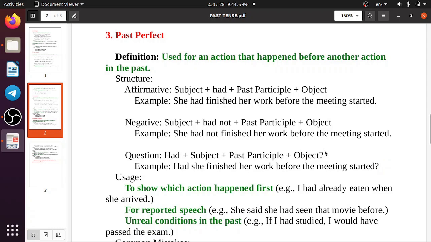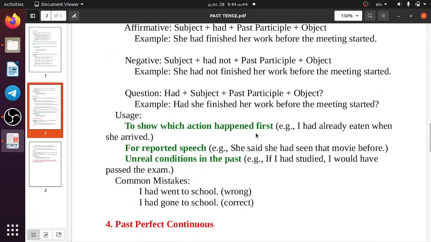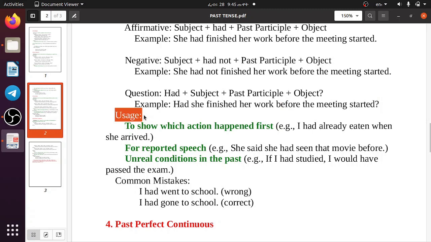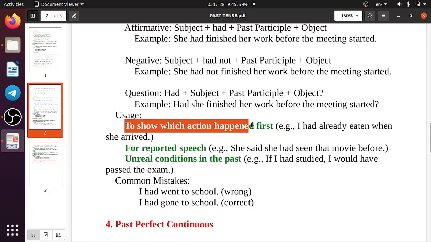Usage. Why or when do we use past perfect tense? The first one, to show which action happened before. Generally, we use past perfect tense for two actions that happened in the past, to show which action happened first.